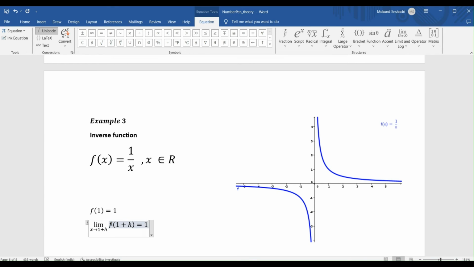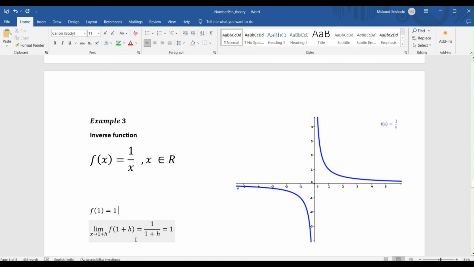Which is nothing but 1 divided by 1 plus h, which is nothing but 1 divided by 1, which equals 1, right? So this is my right hand limit.